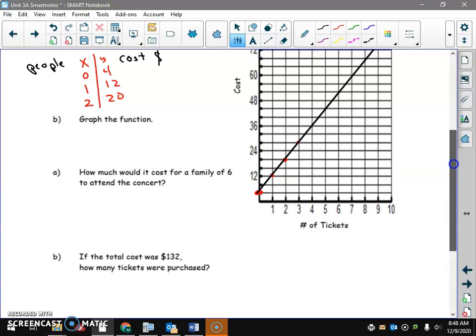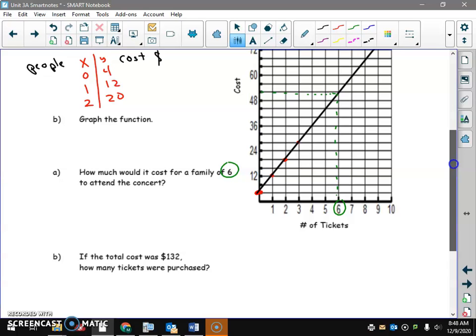So 6 people, we're going to go to the x-axis and find 6. Up to my graph and over. And what do we got for 6?